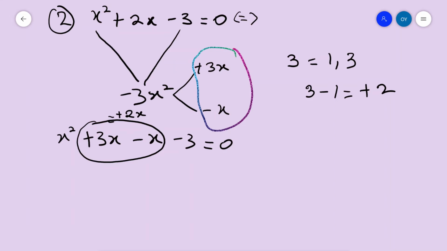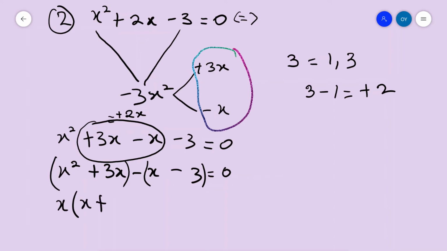So now we work with this. x squared plus 3x minus x minus 3 equals 0. So we group them here and here. So x squared plus 3x, the common variable is x. Then x and negative 3, the common variable is negative 1.